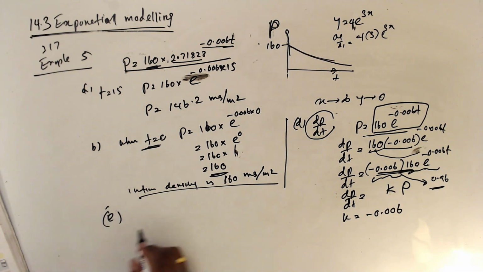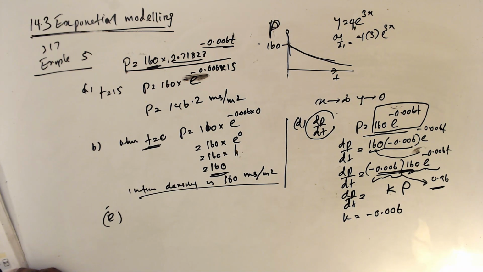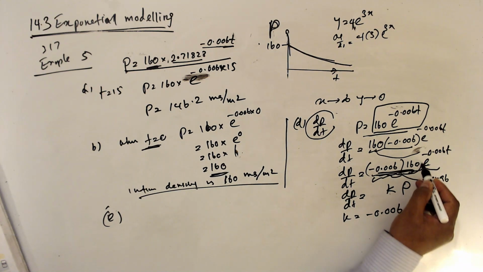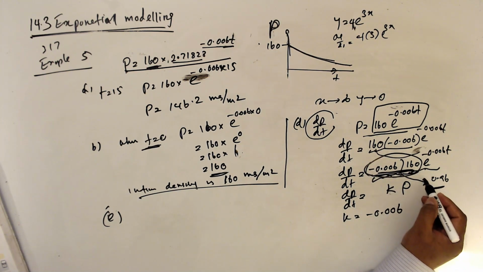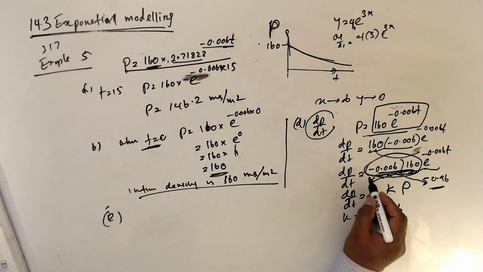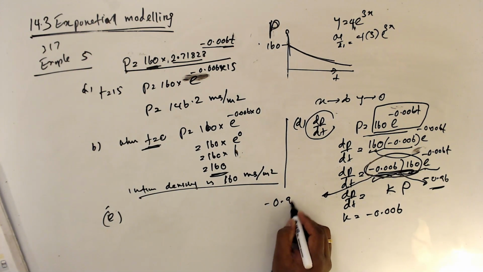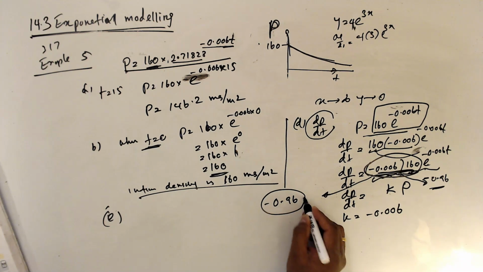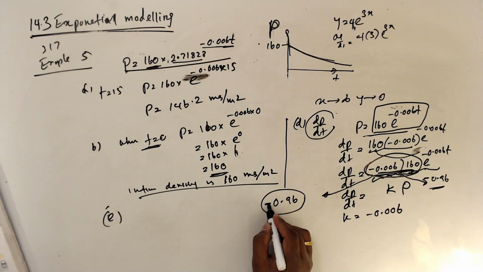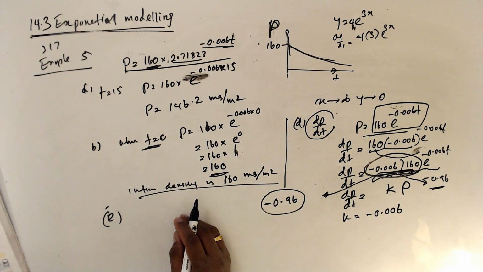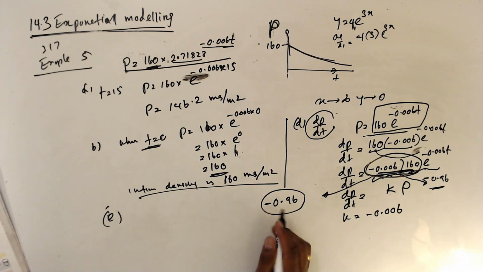Question part D. Interpret the significance of the sign of your answer to part C. So basically when you multiply, this one is a constant, so that is minus 0.96. Since this is a negative value, it shows that it is decreasing. So the pesticide is decreasing if it is negative.